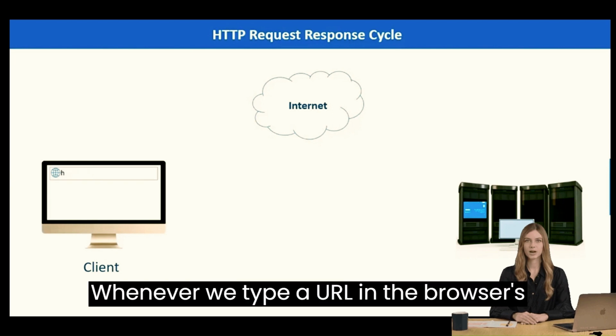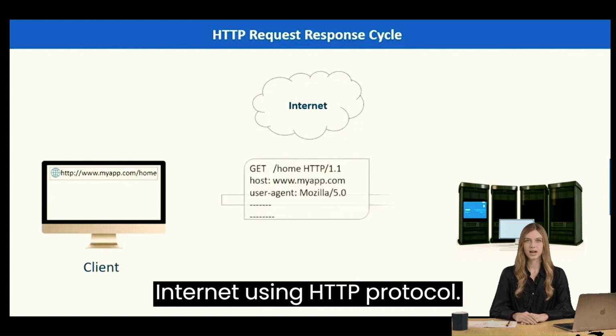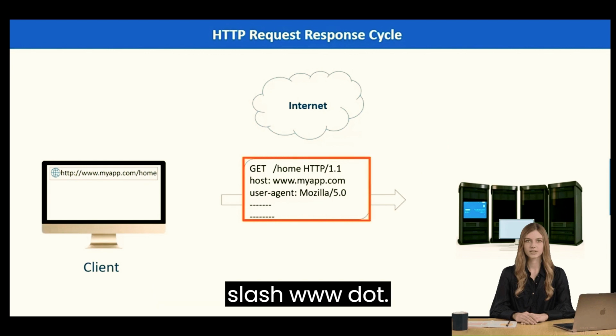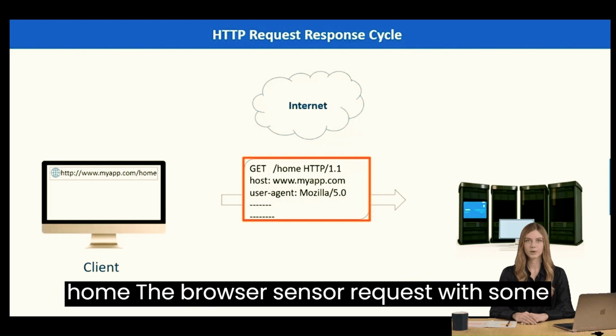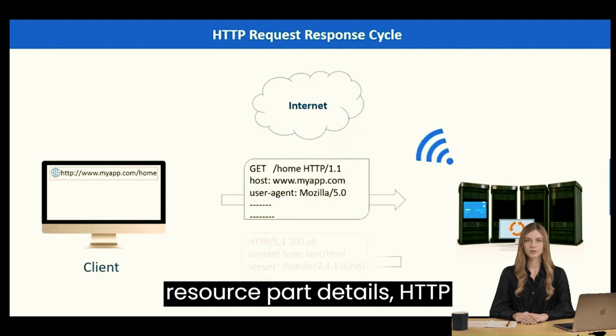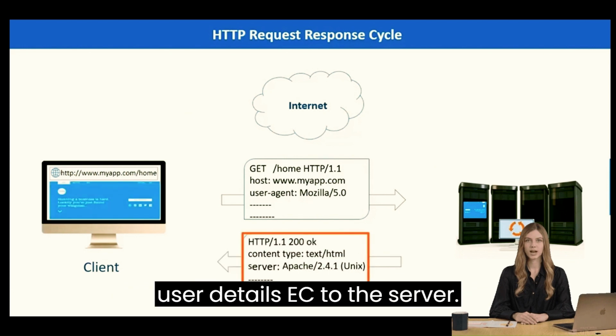Whenever we type a URL in the browser's address bar to get a web resource over the internet using the HTTP protocol, for example, if we type http://www.myapp.com/home, the browser sends a request with some header details such as method type, resource path details, HTTP version, host, user details, etc. to the server.